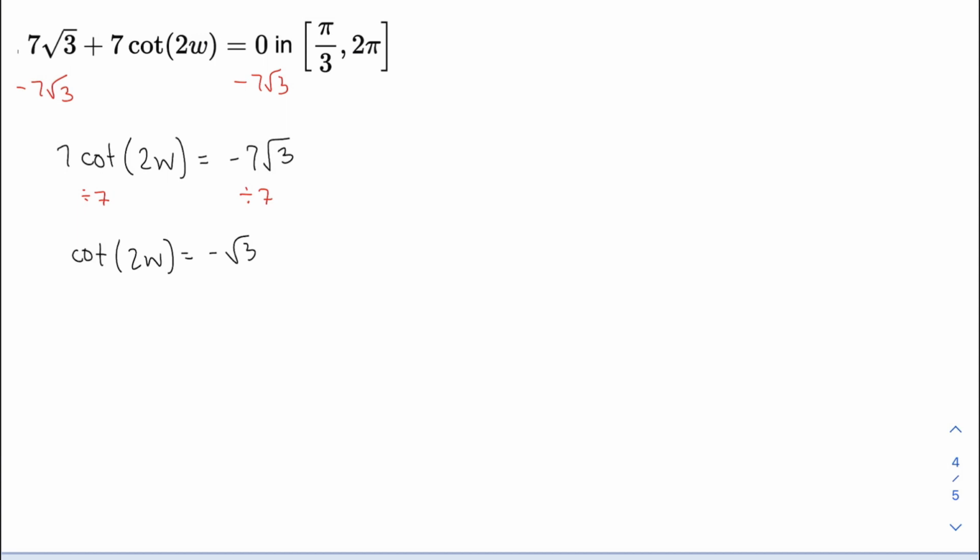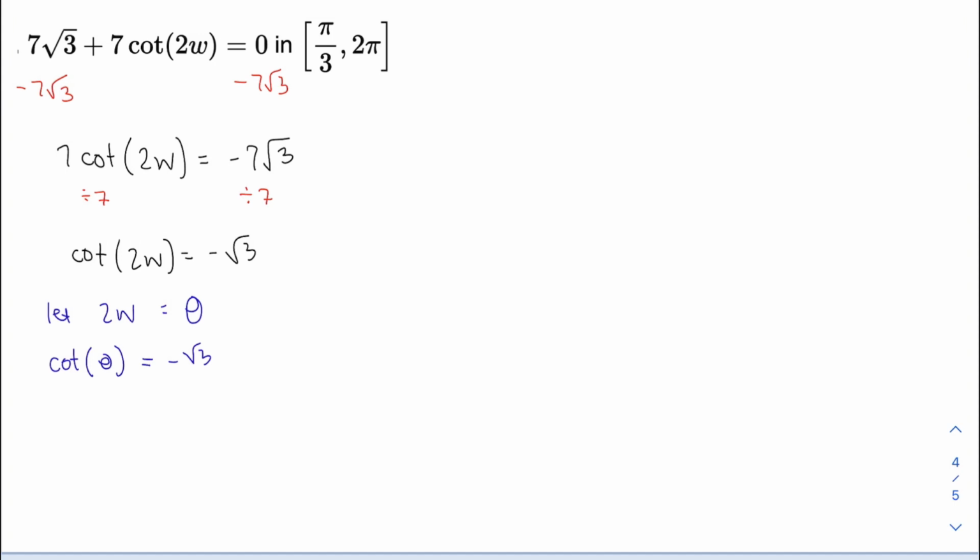So again, we can do some substitution. And for this part, a lot of people just substitute in your head, but it's important that you remember to change it back. I'm going to let 2w equal theta. So now I'm asking myself where cotangent of theta is negative radical 3.